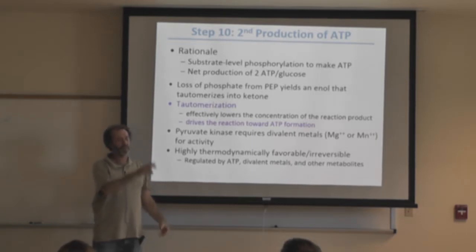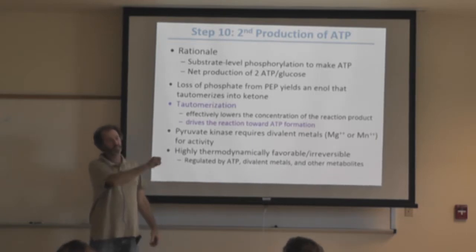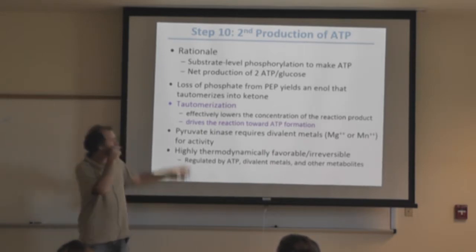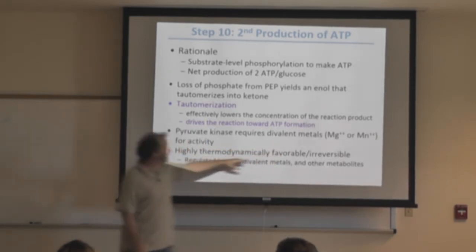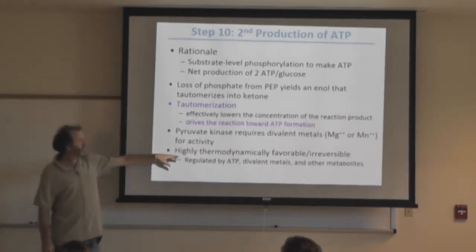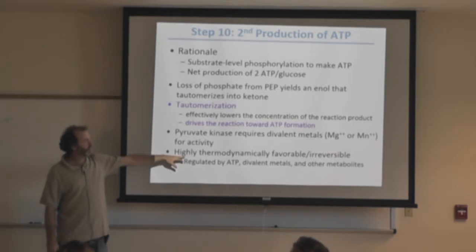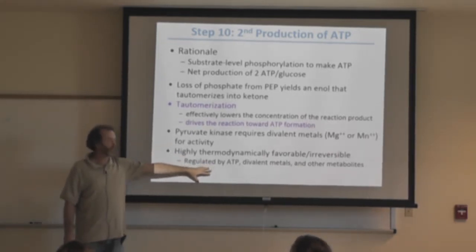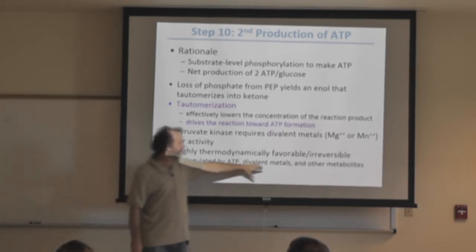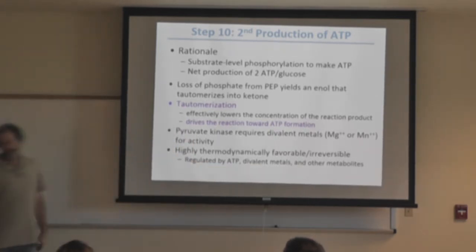So you're taking away the enol form almost instantly after it donates that phosphate to make ATP. That's going to really drive that force. Pyruvate kinase requires divalent metals, magnesium or manganese, for activity, and it's highly thermodynamically favorable, irreversible, and heavily regulated. It's regulated by ATP, divalent metals, and other metabolites.